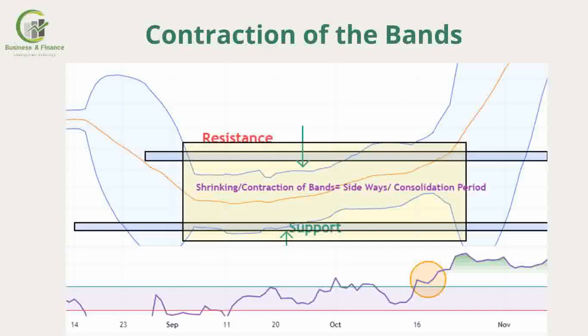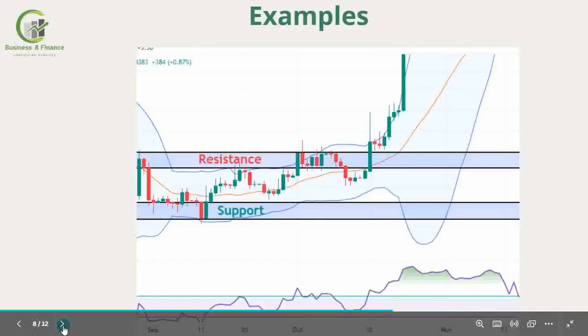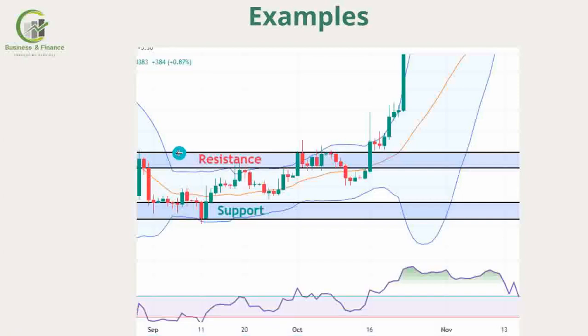consolidation period or sideways. For example, we have drawn the upper Bollinger Band with the candlestick patterns as a resistance, and with the help of candlestick patterns on the lower Bollinger Band we can draw a support line, where the market will remain between this period within the Bollinger Bands.